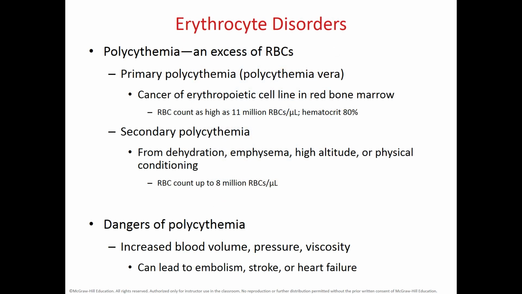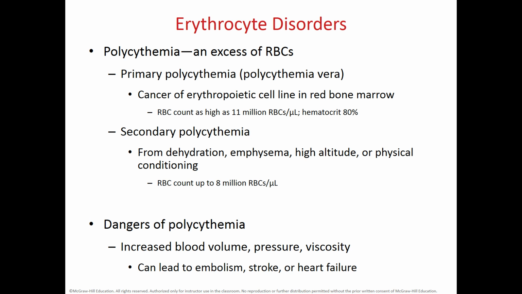Just to talk a little bit about erythrocyte disorders, when someone overproduces red blood cells, it is known as polycythemia. Poly means many, cyto means cells, and emia is kind of a name for erythrocytes specifically. We have two different types of polycythemia, primary and secondary.